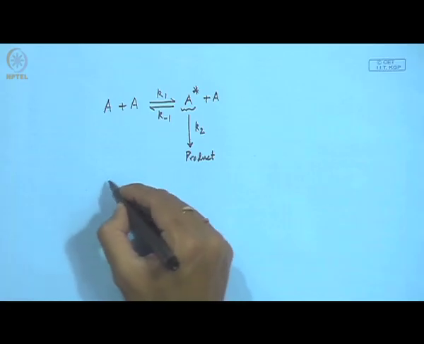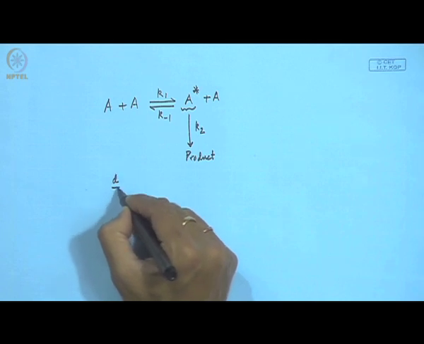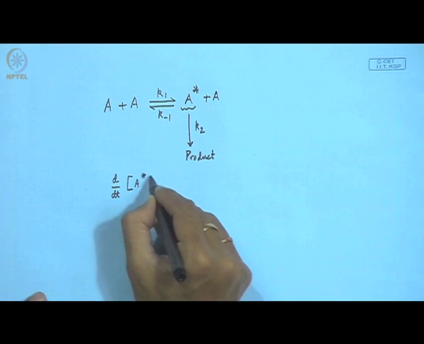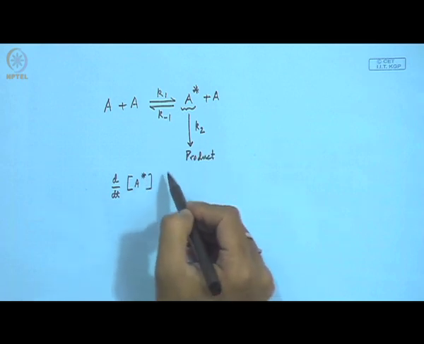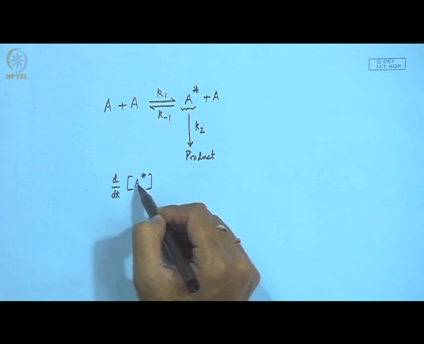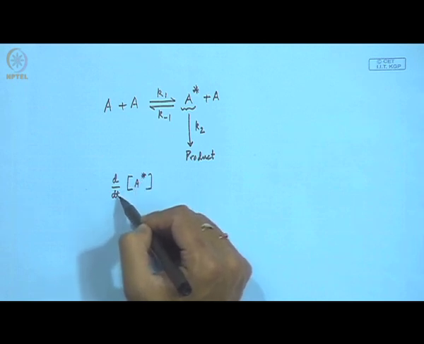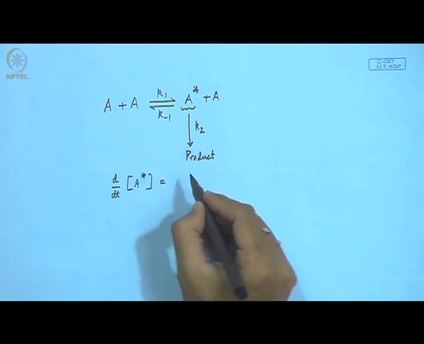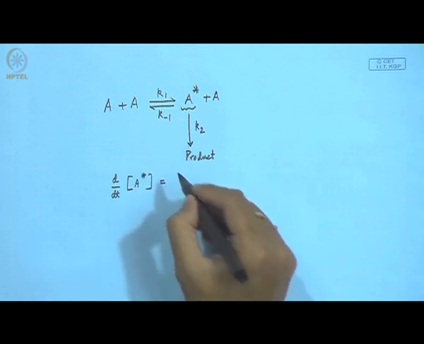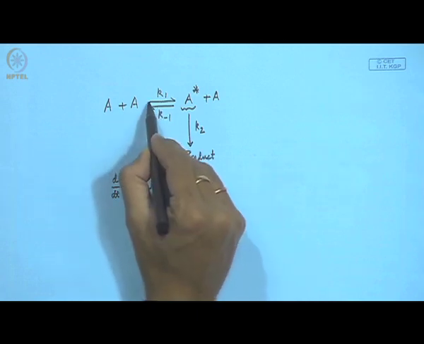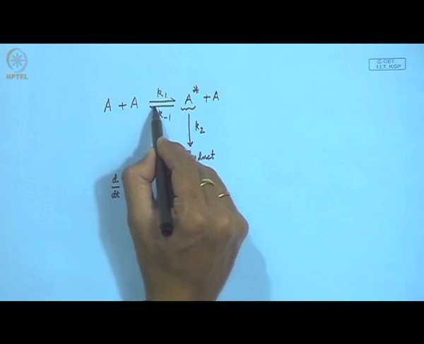So, d dt of A star, the rate of change of A star. The rate of formation is K1, since this is one elementary step and this is another elementary step.